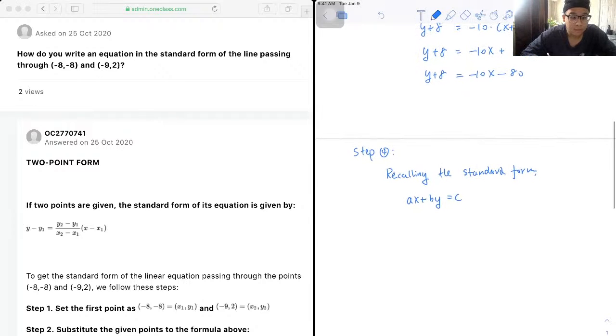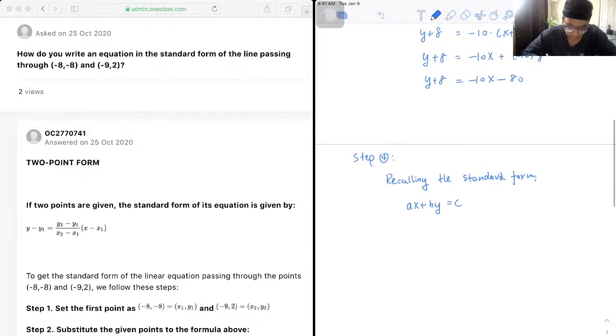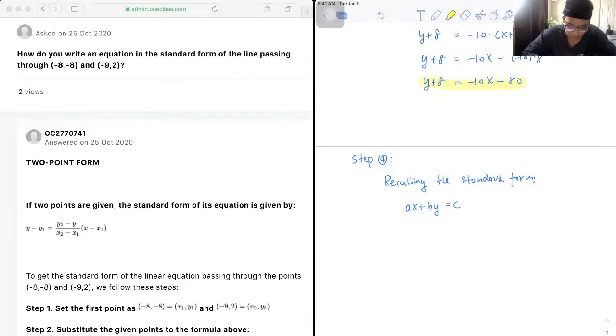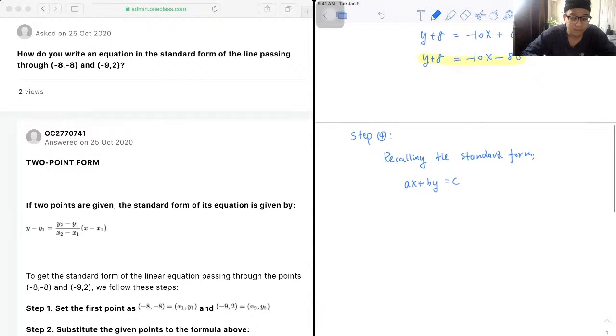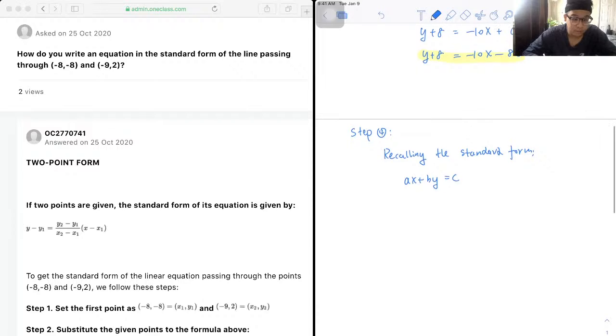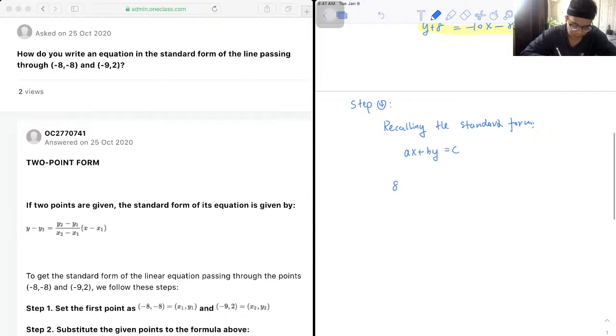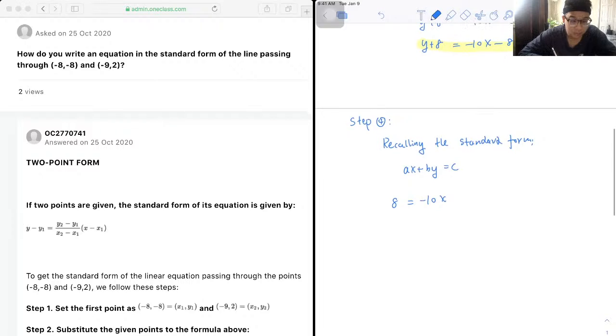From what we have above, we subtract y from both sides of the equation. So we will get 8 is equal to negative 10x minus 80 minus y.